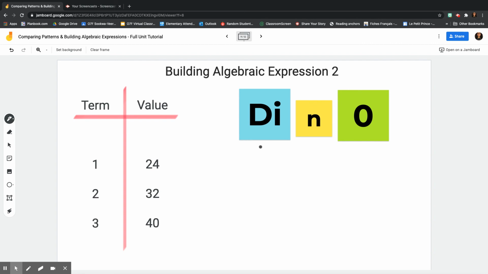So again, our difference between the terms is the DI. So we are looking at the difference here. It's not quite 10, it looks like it's 8. And then 32 and 40, again, plus 8. So then we need to figure out, well, what is this here for term 0? So something plus 8 equals 24.